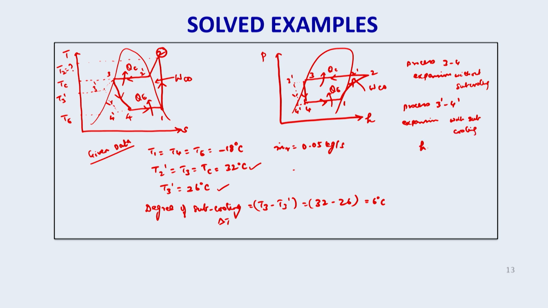So here H3 dash is equal to H4 dash, enthalpy is constant, and in this case H3 is equal to H4. This should be kept in mind.